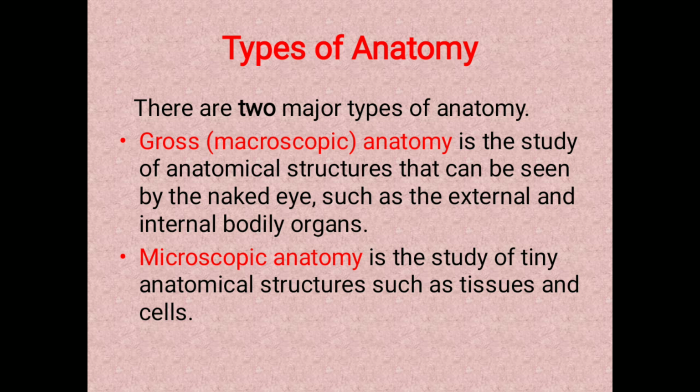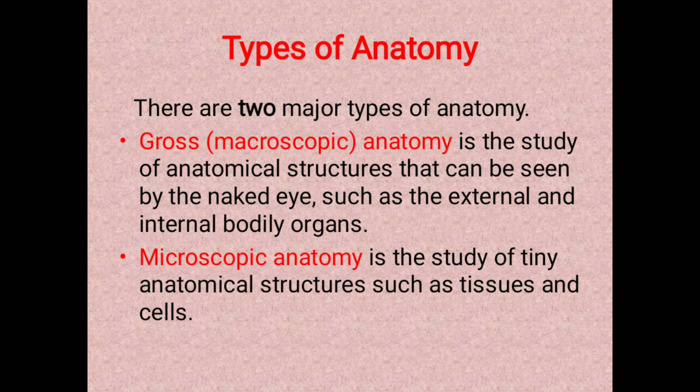It is the study of anatomical structures that can be seen by the naked eye, such as the external and internal bodily organs, which we can see without cutting the body, and the organs which we can see after dissecting or cutting the body. The study of these things with the help of only the eye, without any instruments or microscope, is known as gross or macroscopic anatomy.